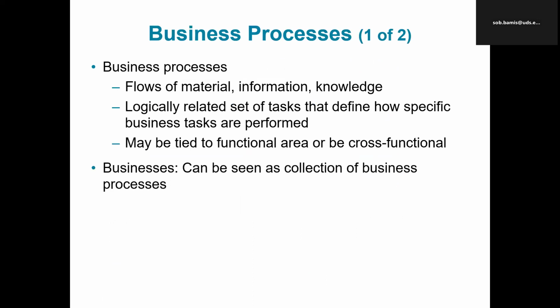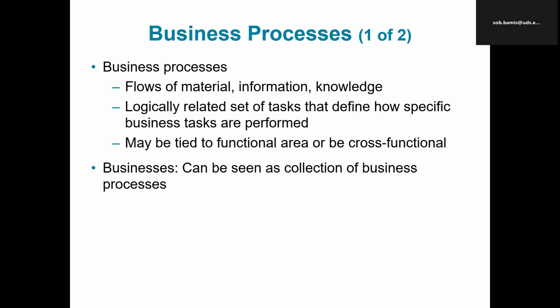So now, looking at business process, what comes into your mind? A business process mainly looks at the flow of material, information and knowledge among the organization. And it can also refer to a related set of tasks that define how a certain business operation is being undertaken, right?